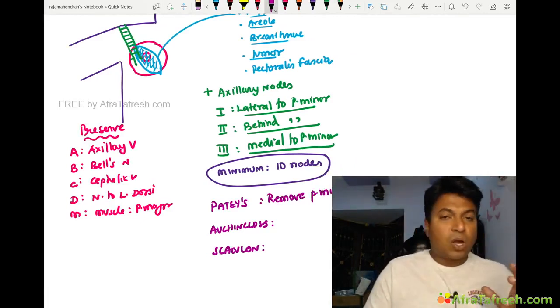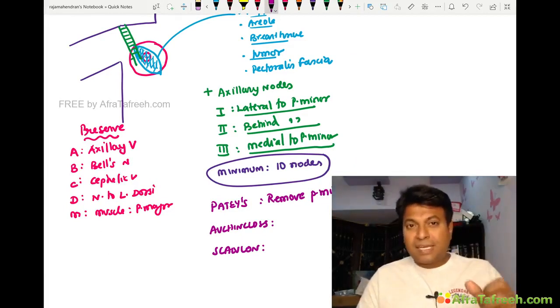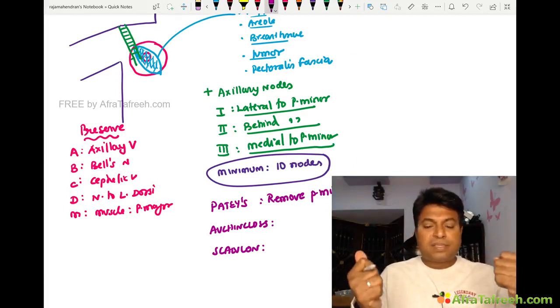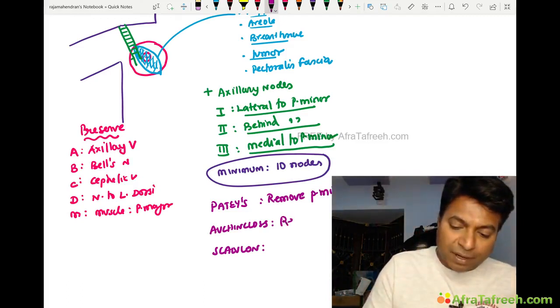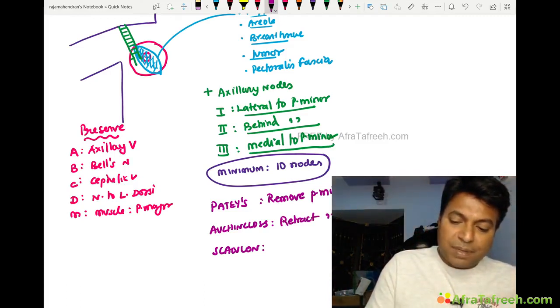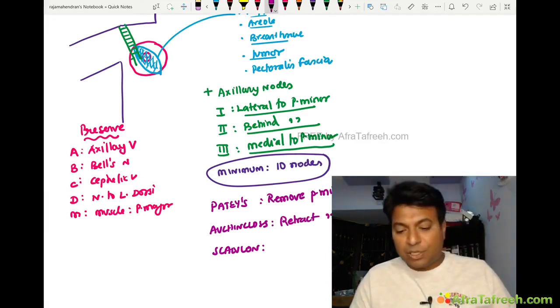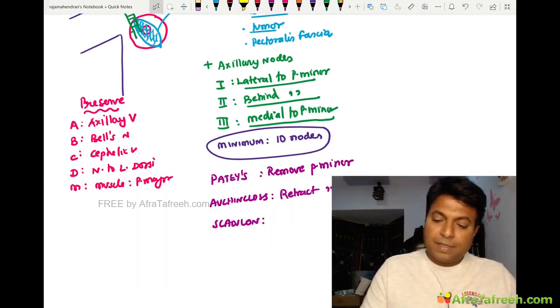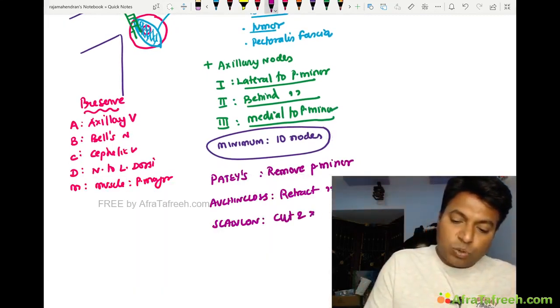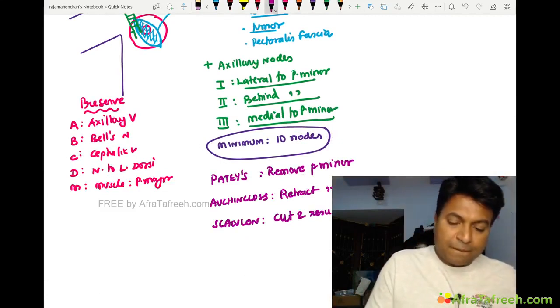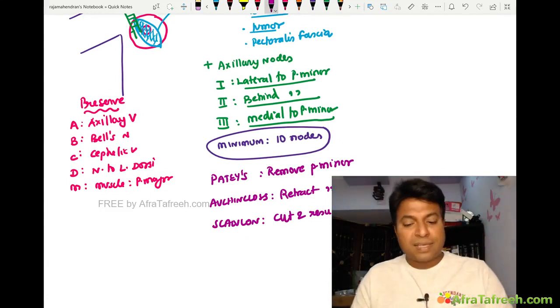Auchincloss, remember, is a strong person; he will retract the pectoralis minor. We usually call the first year PG Auchincloss, to come and retract the pectoralis minor. Scanlon is cut and resuture the pectoralis minor.